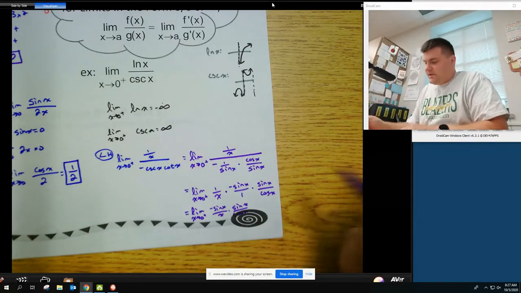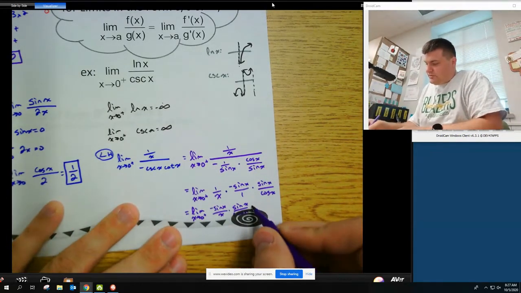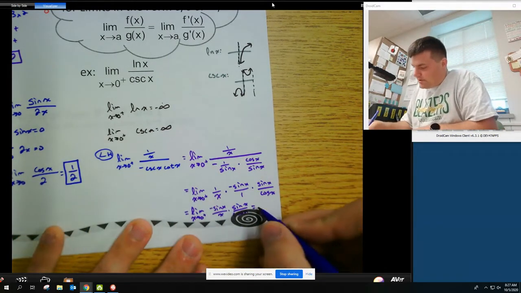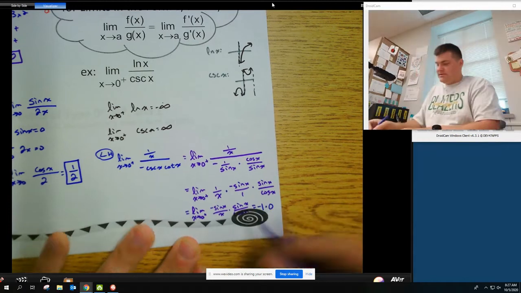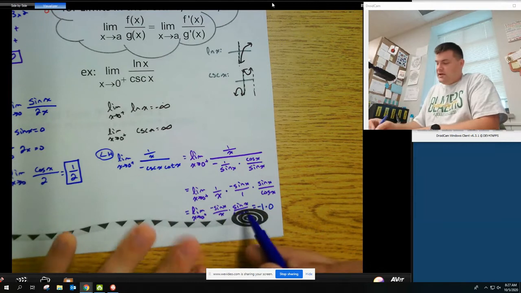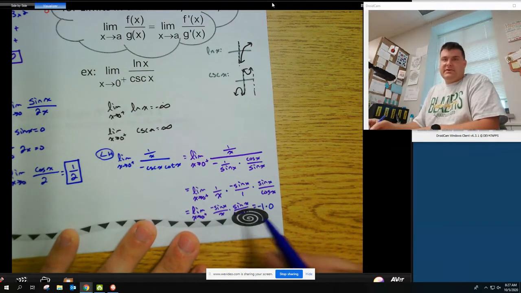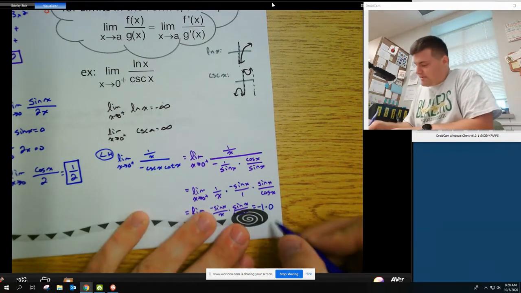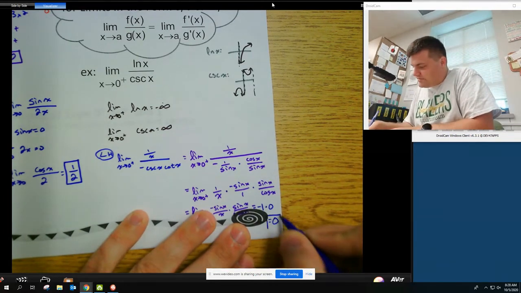So what's going to happen here is when I do a direct plug-in, I'm going to end up with negative 1 times 0, because this is a property that equals 1. So negative in front, -1. If I plug in 0, sine of 0 is 0 over cosine of 0, which is 1. So it's 0 over 1. So it's -1 times 0. So my final answer is a big ol' 0.